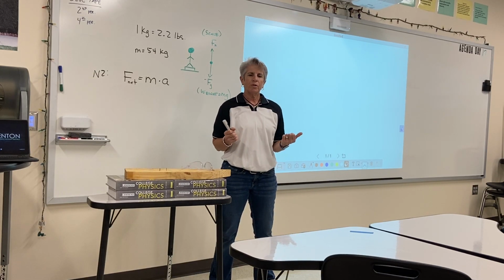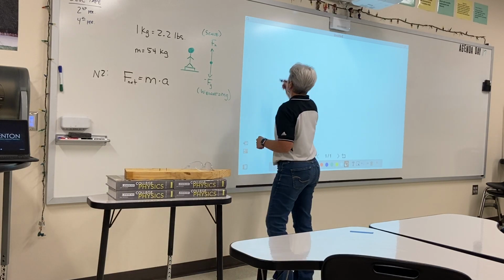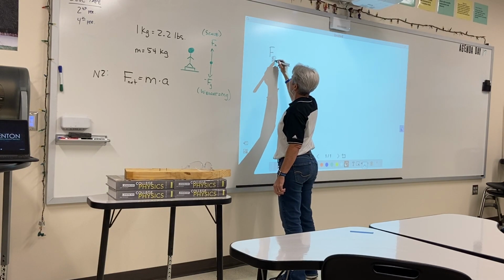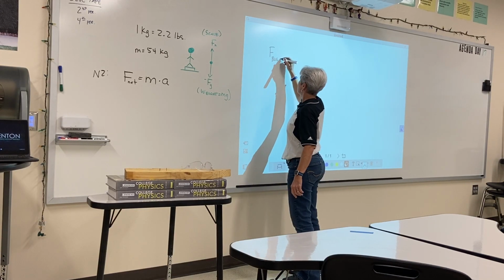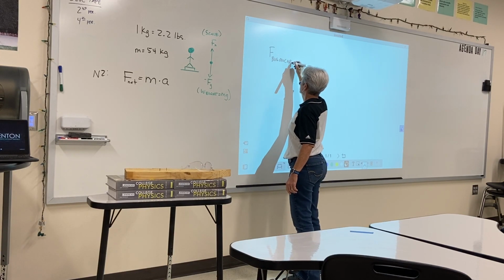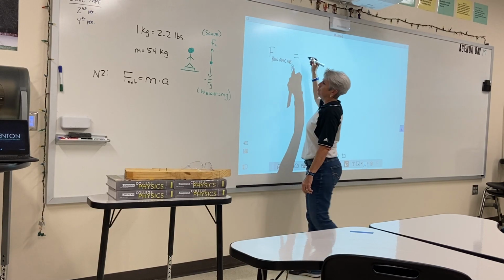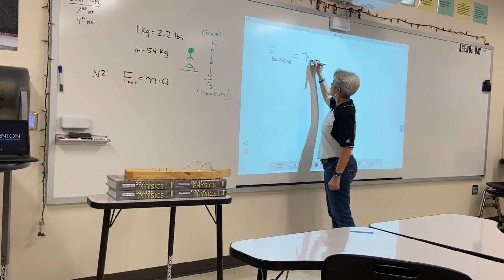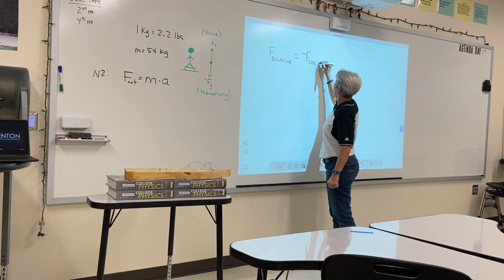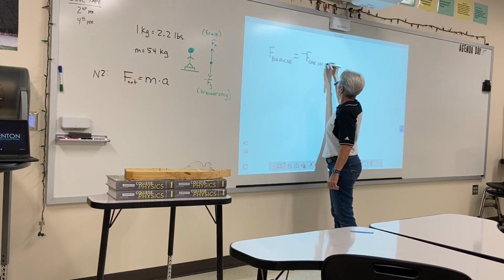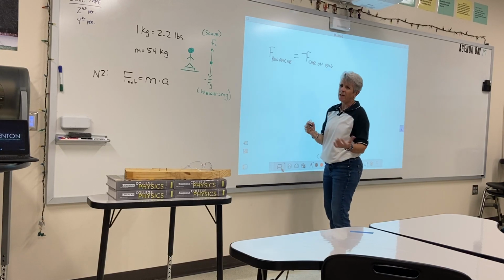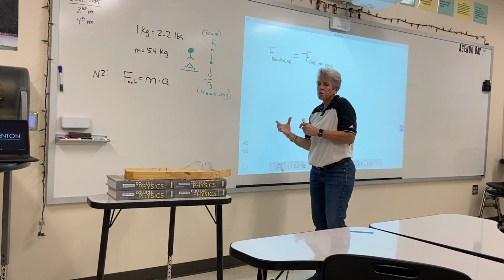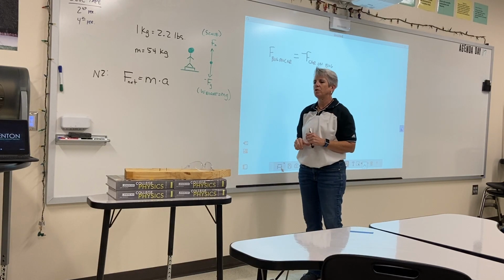Well, it turns out that the force of the bug on the car is exactly equal to, but in the opposite direction of, the force of the car on the bug. That's Newton's third law. But we can choose to believe it, or we can look at what happens to the change.